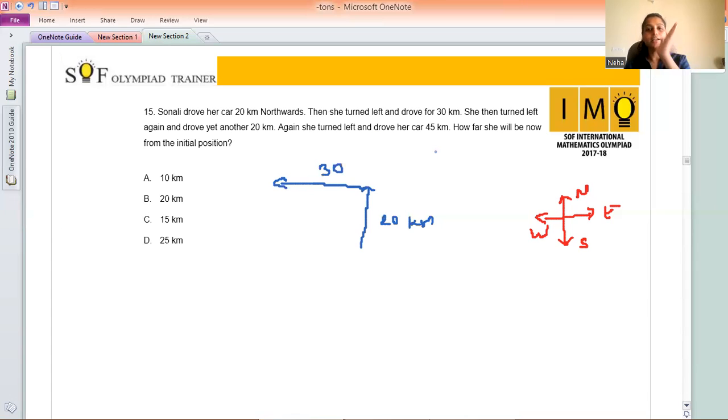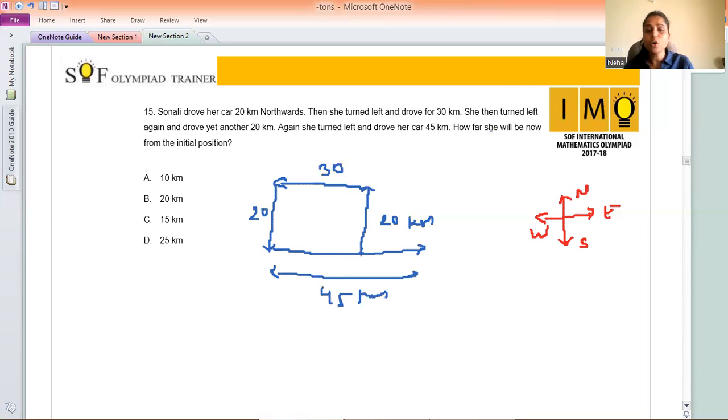Then she turned left, that means in the downward direction. How much? Same, 20 kilometers. Then again she turned left. That means in which direction? In this direction. And how much? 45 kilometers. So this distance is equal to 45 kilometers. Now how far is she from the initial point?